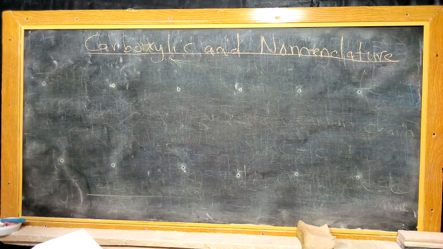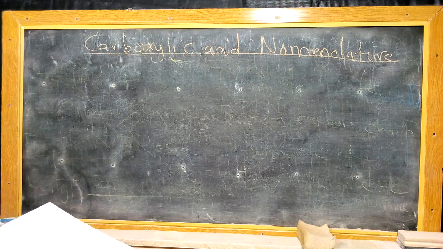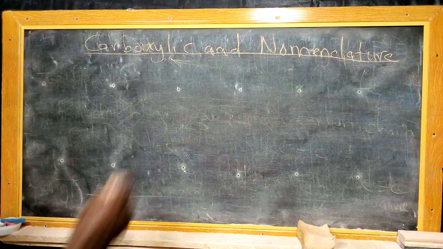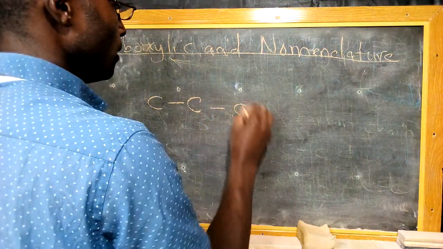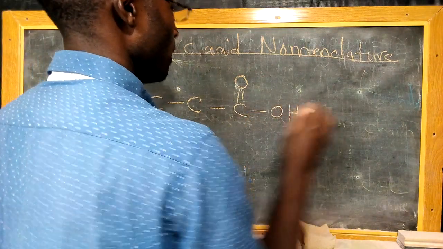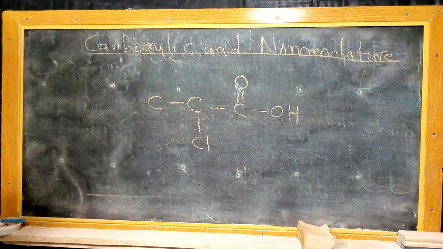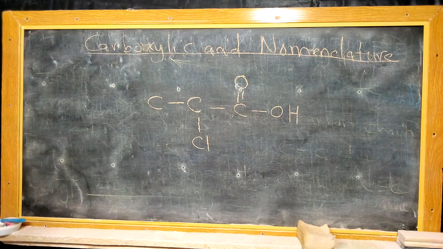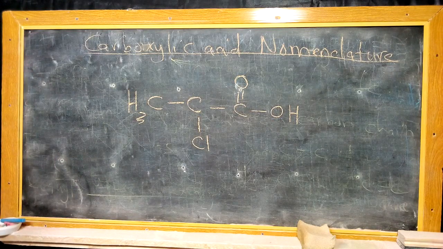Let me draw an example of carboxylic acid. For this case as well, they have cyclic and acyclic molecules, of which we are going to look at one or two examples. So let's look at this particular compound. We see the carbonyl group, OH, and then we have a substituted hydrogen at that particular point, and this is C3.